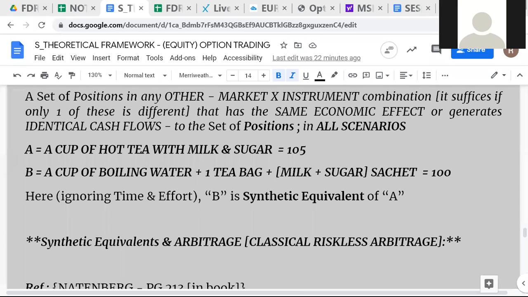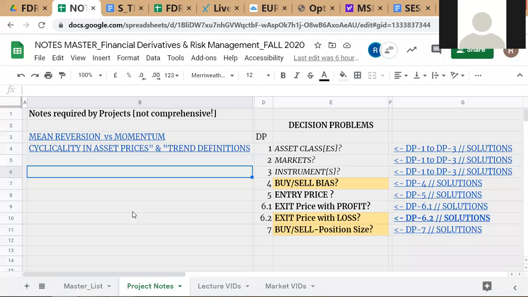Okay, folks, so we're back in action. We are at 11:17. I have already resumed the recording. Can everybody see the theoretical framework page? Now I'm going to the notes master spreadsheet. Everybody? Yes, sir. Okay, good, excellent. So we'll resume that.